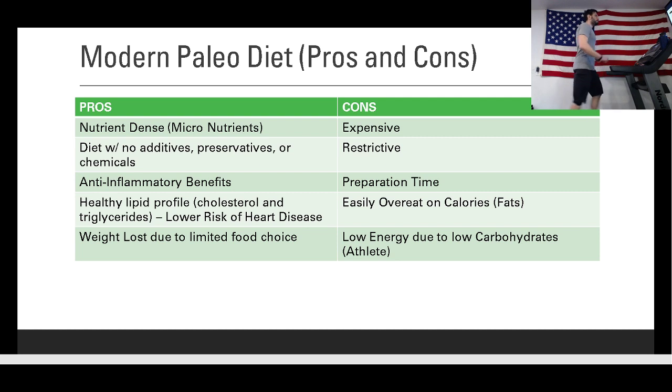So some people view that as a con. But again, if you're trying to flip the script and start eating healthy, you just have to accept that it's going to take more time to prepare your own food. But I think the benefits far outweigh the cons of that.